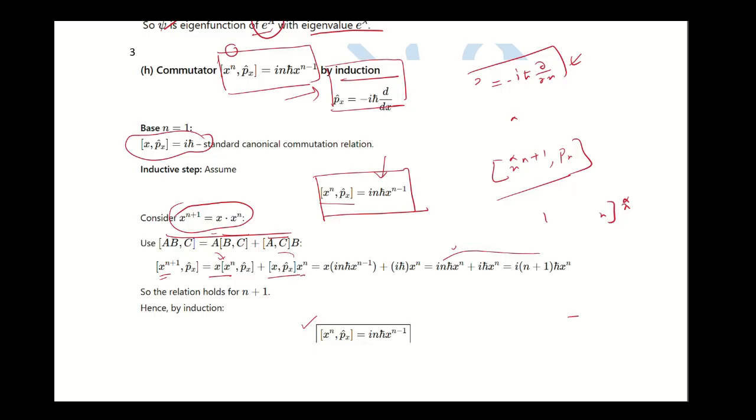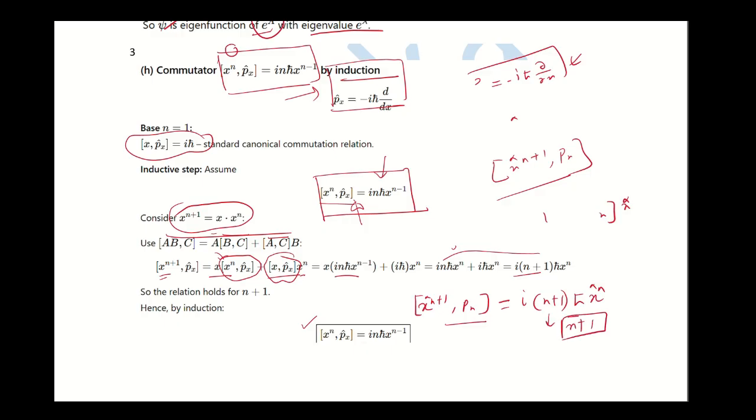We replace the commutator of x and px with iota h cross, and for x to the power n and px we assume that this equation holds, so we put that value. We arrive at this form: the commutator of x to the power n plus 1 and px is iota into n plus 1 h cross x to the power n. So this is for n plus 1.